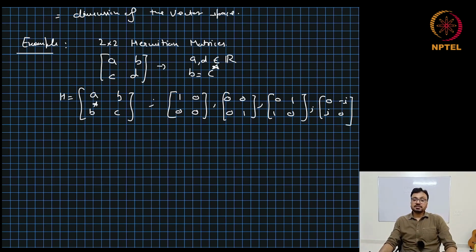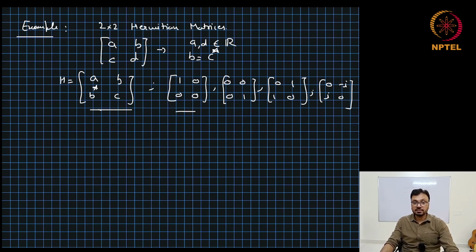These 4 matrices are Hermitian operators, and you can write any of the operators of this form as a linear sum of these 4 operators with real coefficients. For example, let me call them E1, E2, E3, E4, the vectors.